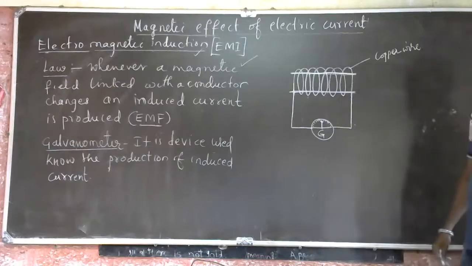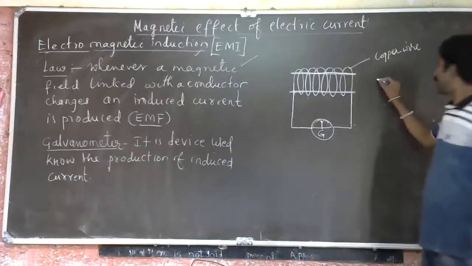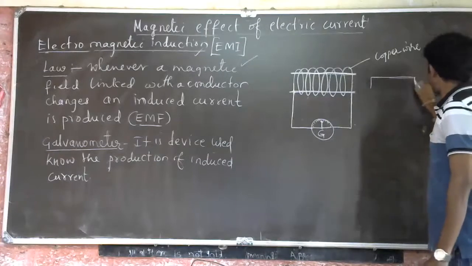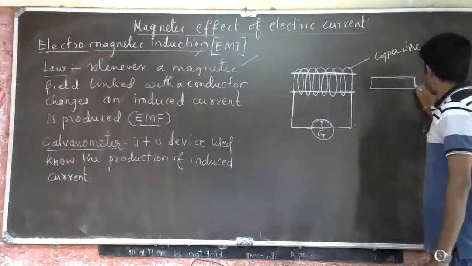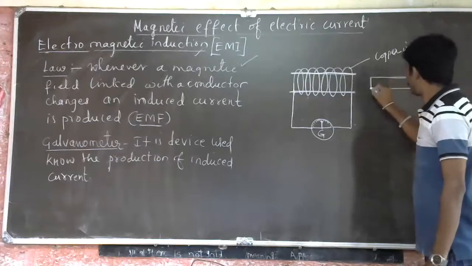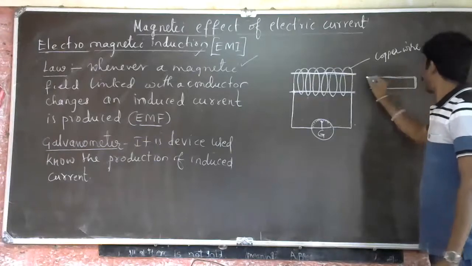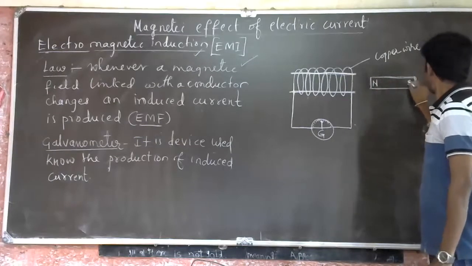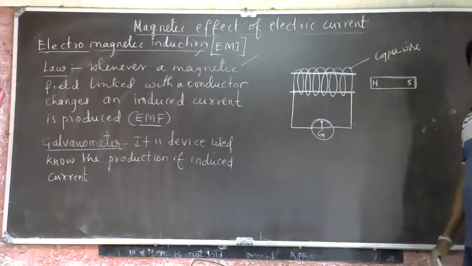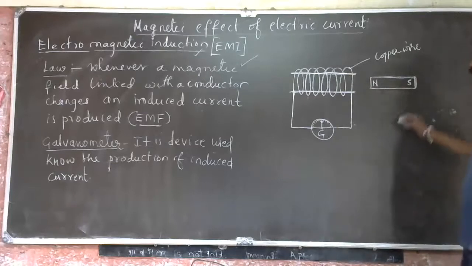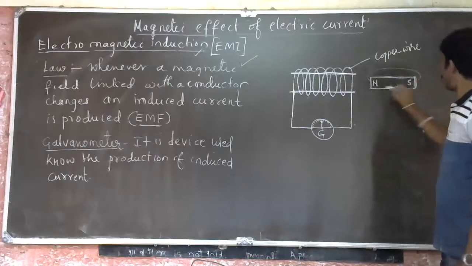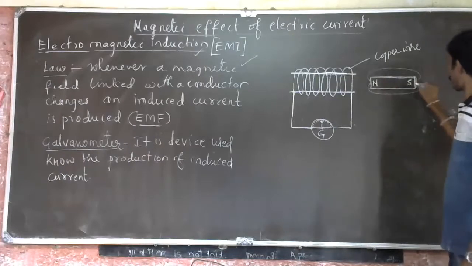Understood? Then he took a bar magnet. For this demonstration, he has taken a bar magnet. You know that already, a magnetic field is produced in a bar magnet.